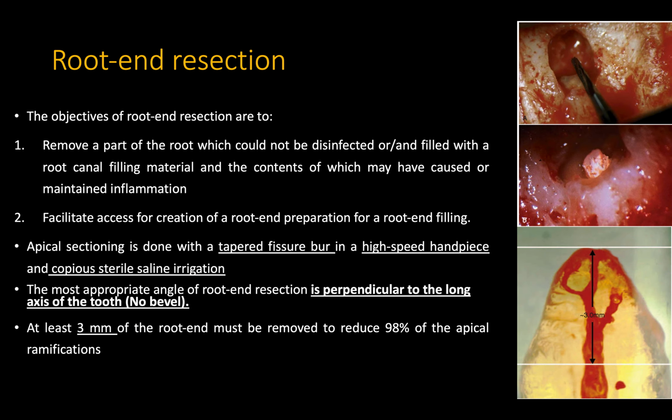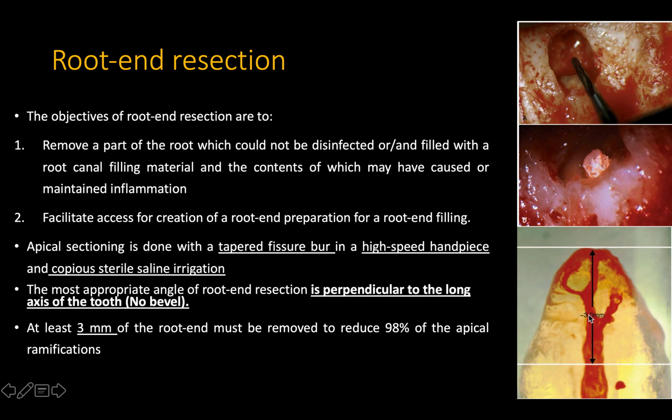Now, once we've removed the diseased soft tissue in the periapical area, we should resect the root end. The purpose of root end resection is to remove the apical part of the root, which will contain most of the ramifications and the accessory canals that are difficult to clean with non-surgical approaches.